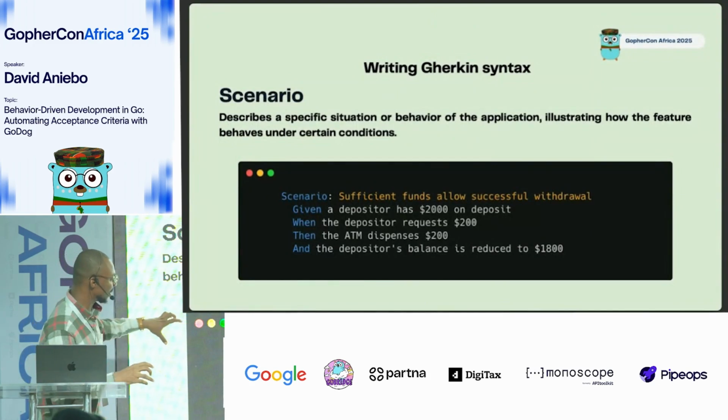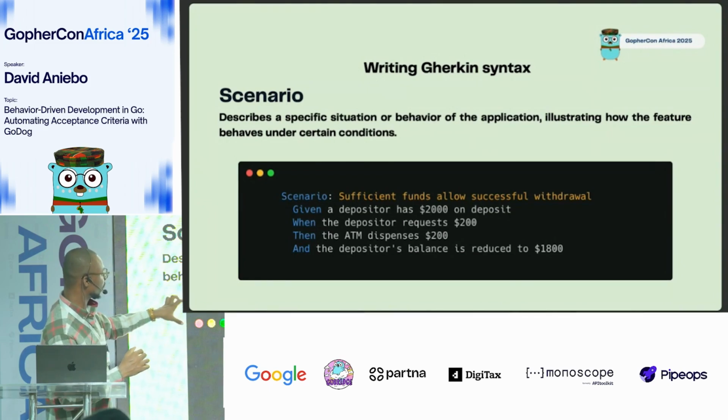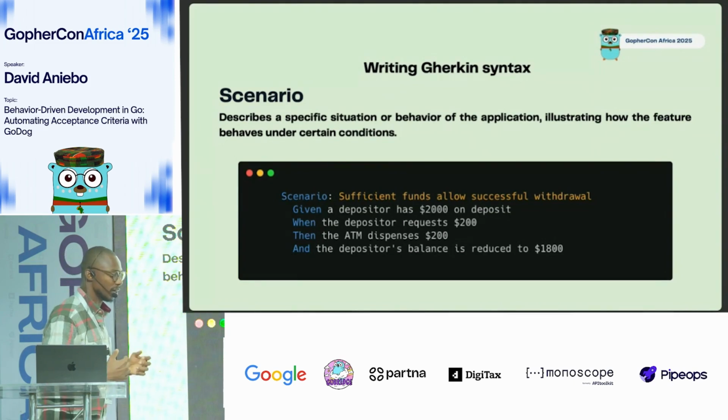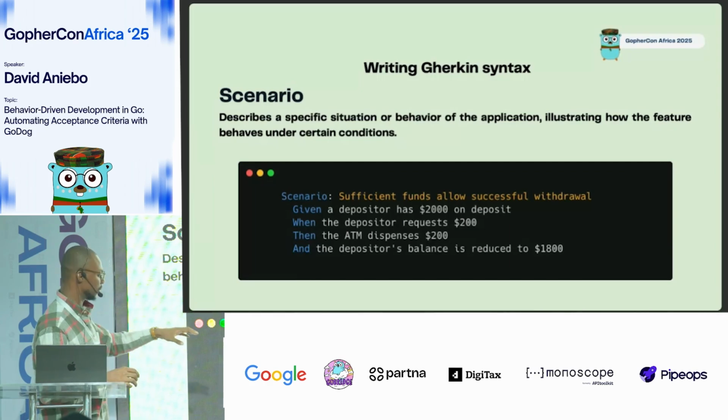So this is like the feature itself, what we are building. Here we are checking for sufficient funds allowing a successful withdrawal. This describes a situation or behavior of the application, illustrating how the feature behaves under certain conditions.